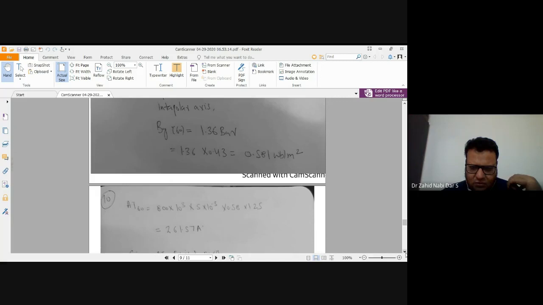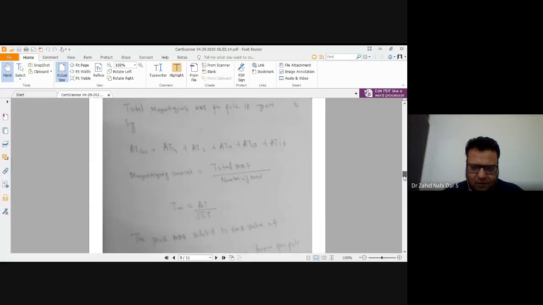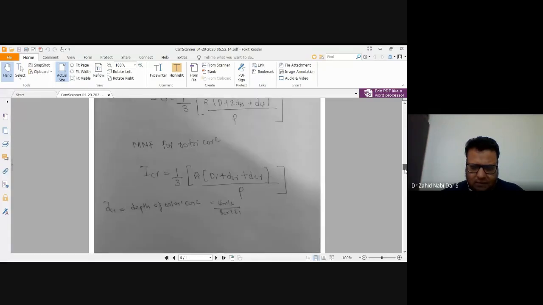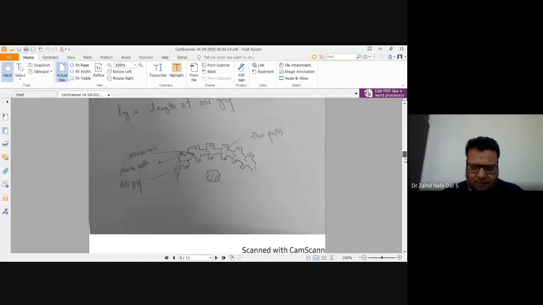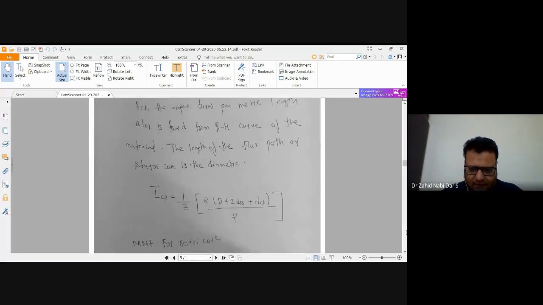So that equation which we have derived, see here, ATG would be 800 kg. This is the gap correction factor, BG naught, that you calculated. LG is mentioned. So you substitute the values there and get the value of ATG in this equation.